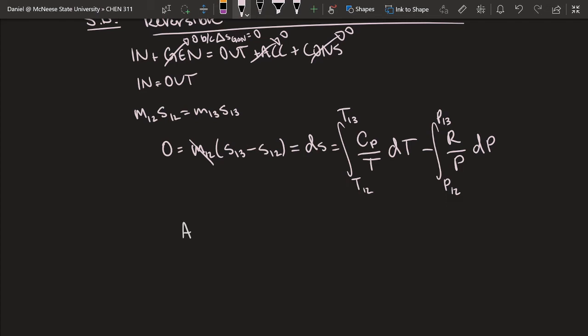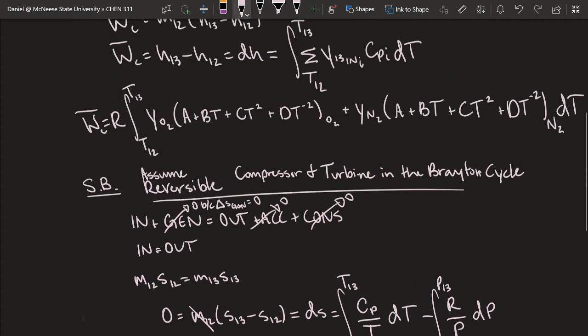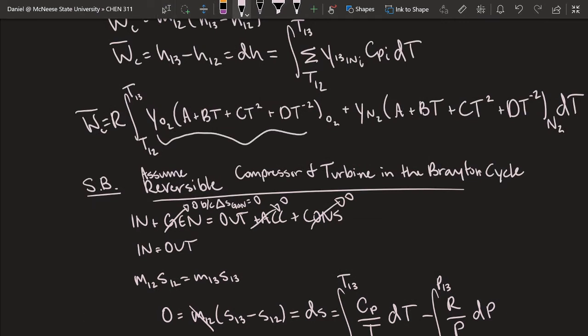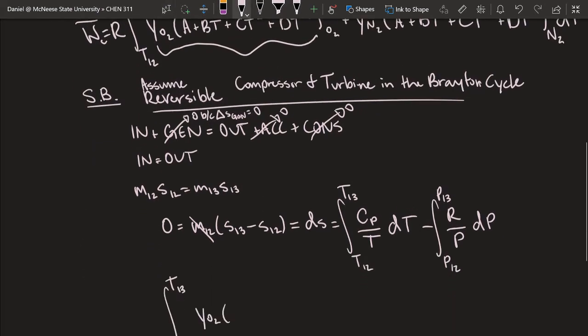So our integral from T12 to T13 is equal to y O2, you know, that whole thing again. You write this out again, except I divide it by T. And that's how you would work the entropy balance over T. Okay?